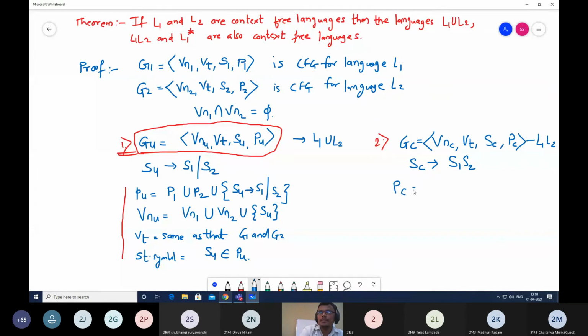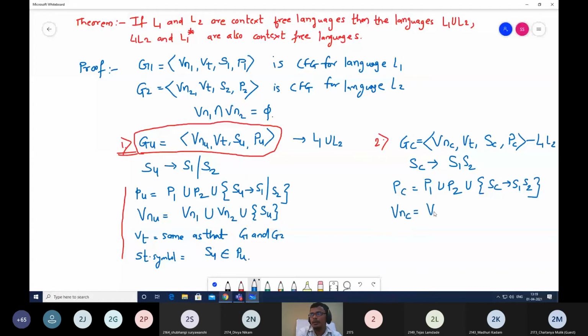PC. They will be all the production rules of P1, because from S1 if I want to generate some part of my string, I'll require P1 from my grammar G1. Similarly, I will require P2 to generate all the strings from my S2 part. And additionally, we'll require this production rule SC gives S1 S2. So this becomes my PC tuple. What will be our VNC?